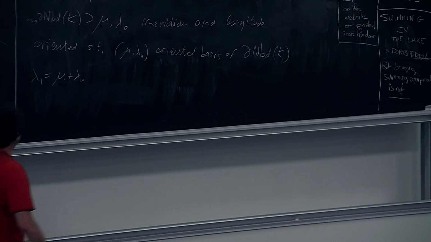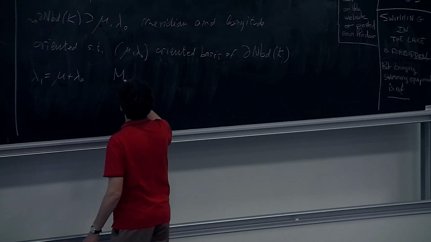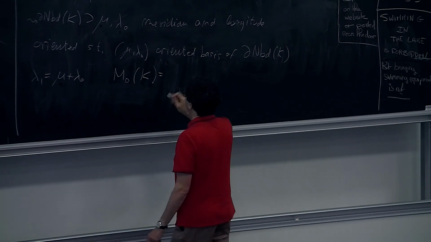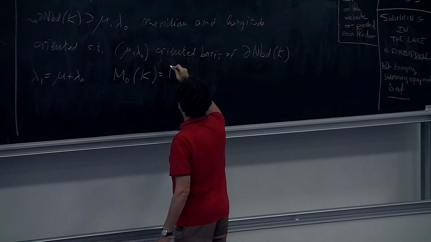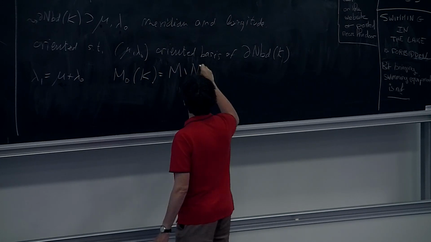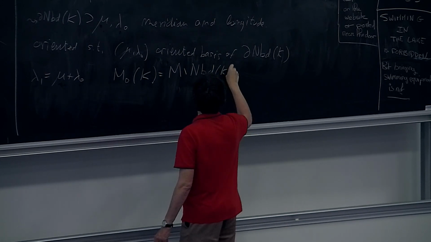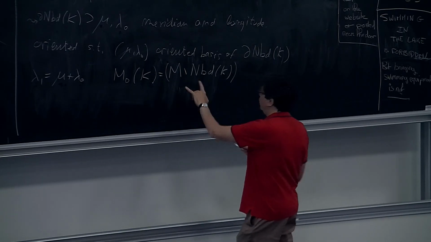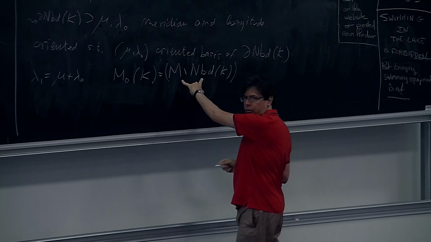And then we construct two new manifolds, one which I will call M0K, which will be M minus a neighborhood of K. So this is a manifold with boundary, and the boundary is a torus.